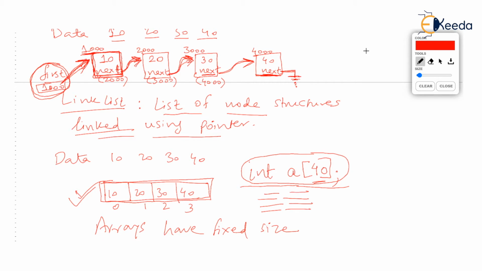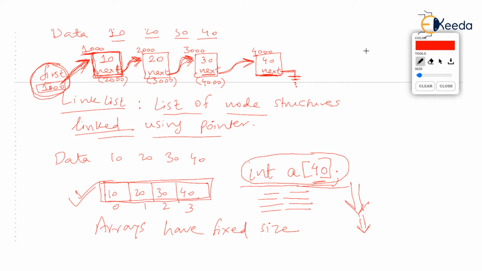Now this program will continue to have size 40 as far as the array is concerned. And somewhere in between, while the program is running, you can't increase the array size dynamically. You can't say that our program started with an array of size 40, now I want to increase the array size to 50. It's not possible, isn't it?